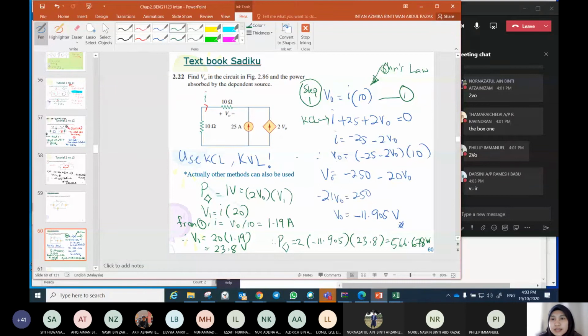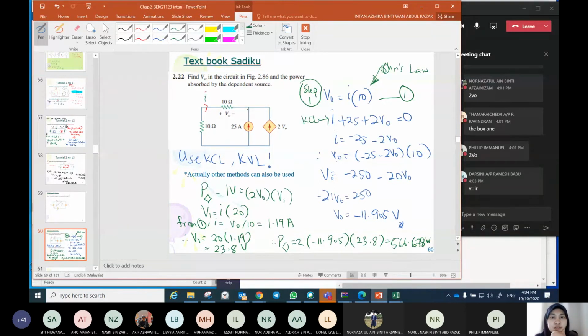You can use any method. If the question does not mention what method you should use, then you can use any method that is suitable and easiest, provided that we have the information to use the method.